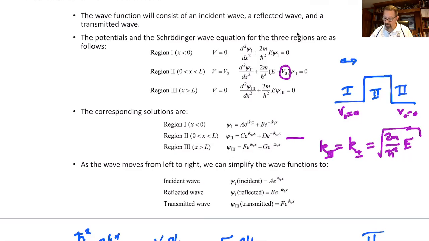Okay, and so I've got now three equations for wave functions. Again, I'm going to have an e to the plus i, whatever the k is, k1 or k3 times x, and e to the minus i times k1 or k3 times x. Okay, exactly as written right here and right here.